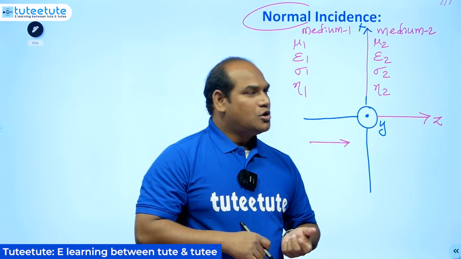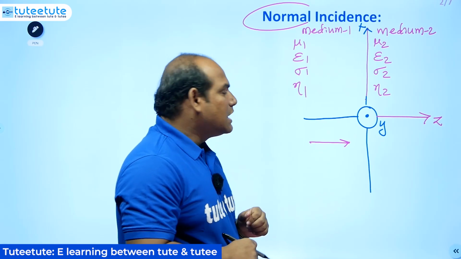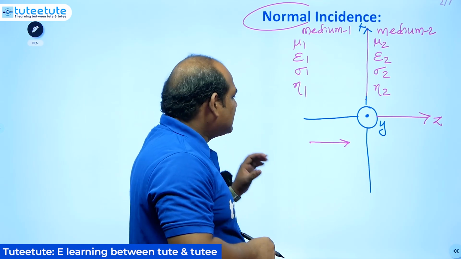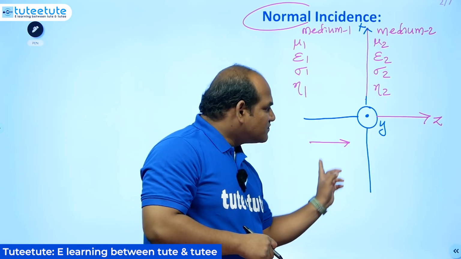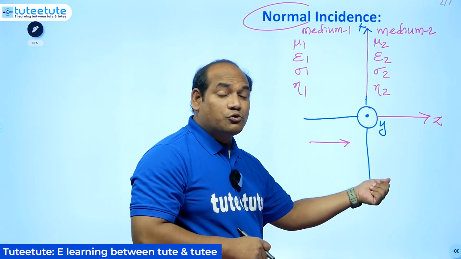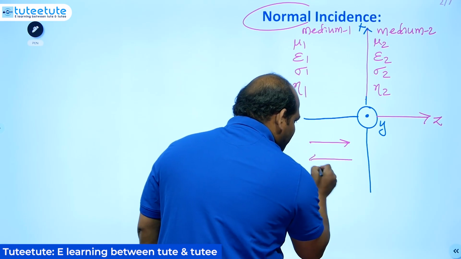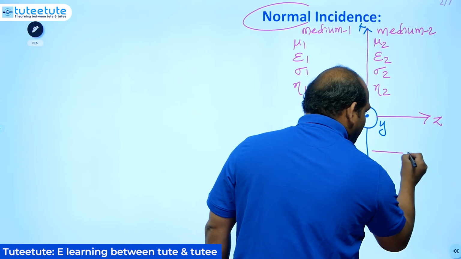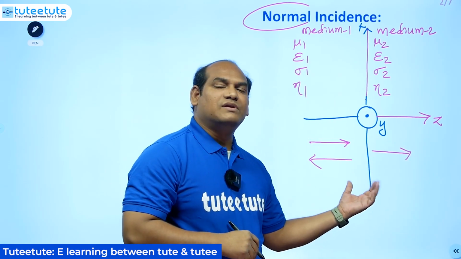Because of the impedance mismatch, a certain portion will be reflected back. Out of the total incident power, because eta 1 and eta 2 are different, certain power will be reflected back and the remaining will be transmitted into the other medium.